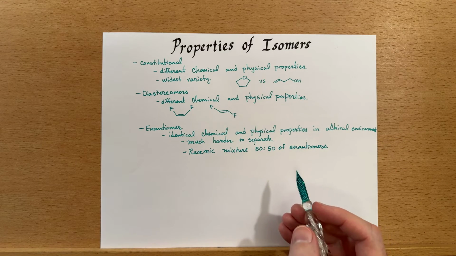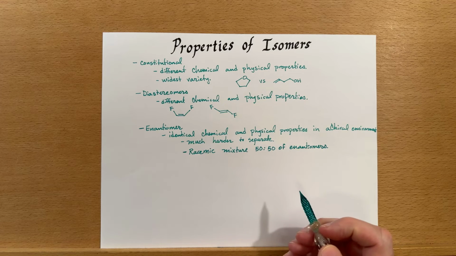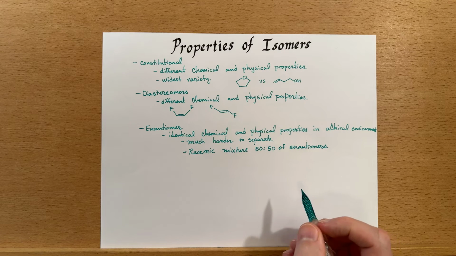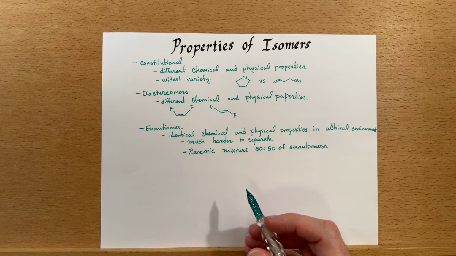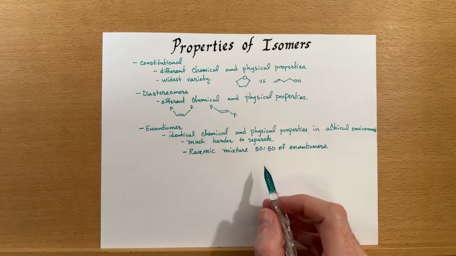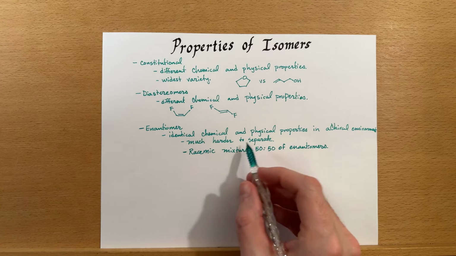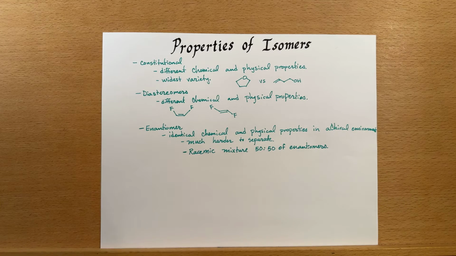Sometimes this isn't a problem, but if we want just one enantiomer, we've already thrown away half of our molecules, and we have to try to purify them, and purifying them is a lot harder than the other kinds.